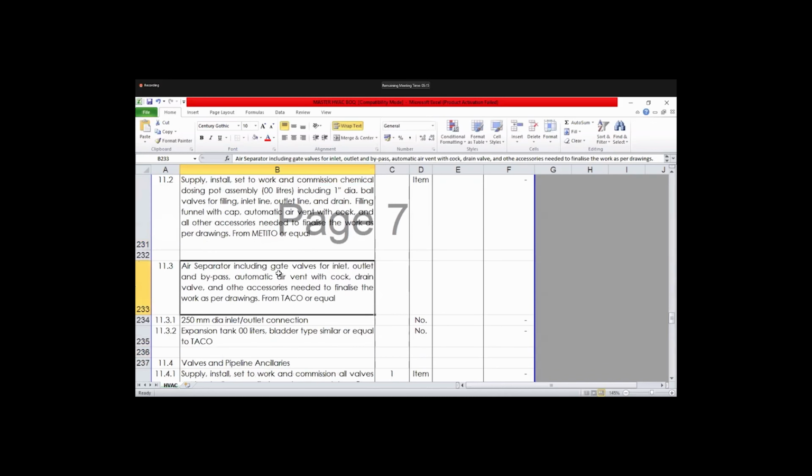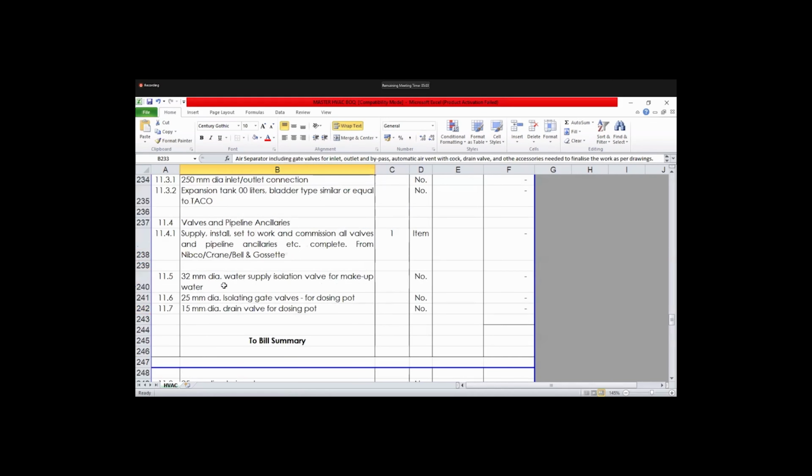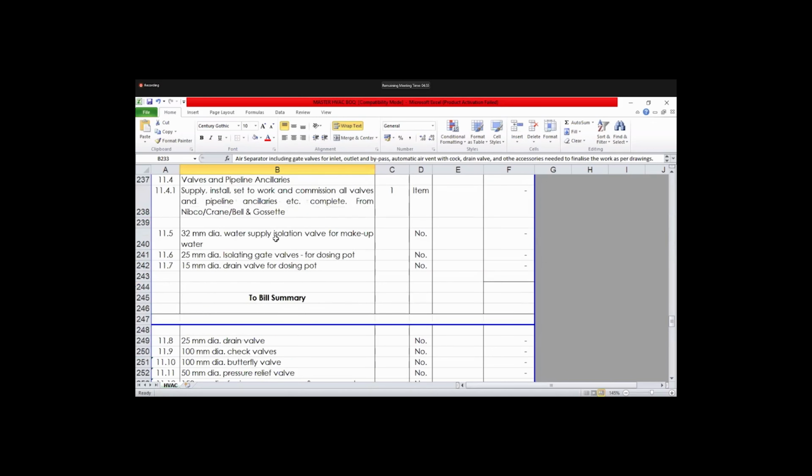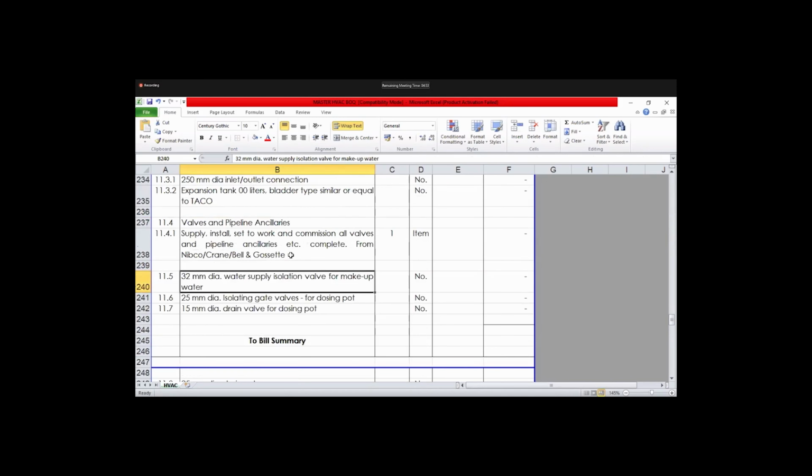So the air separator, including gate valve for inlet, outlet and bypass, automatic air vent with cock, valve and accessories. These are all accessories we have to provide, with the respective valves, supply, installation, testing and commissioning of all valves and pipeline.